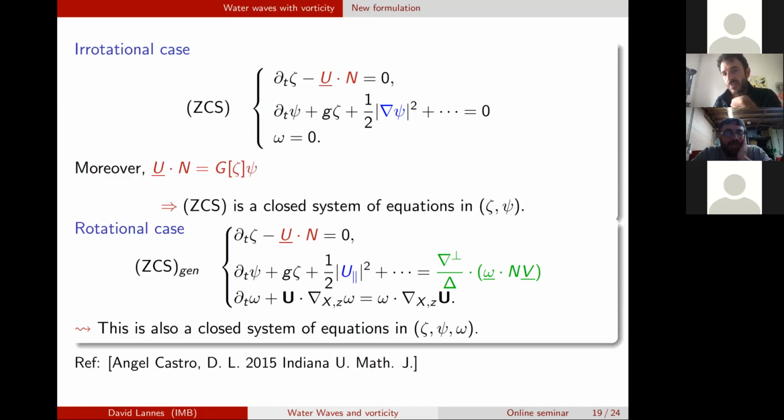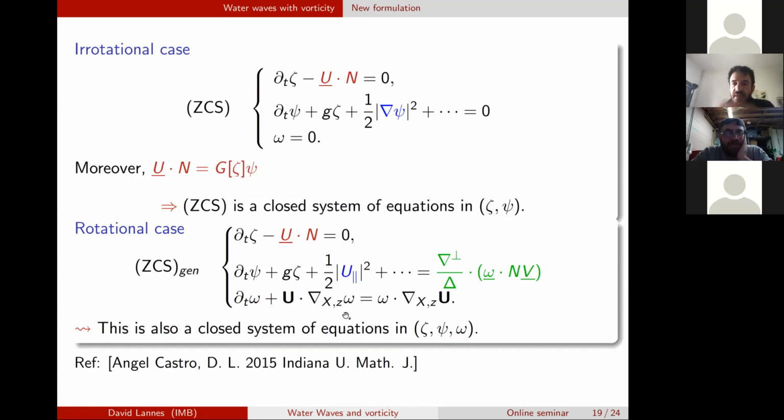So we had started from a d+1 dimensional problem, where d is the horizontal dimension, and reduced it to a d-dimensional domain. In this case, we still have zeta and psi defined on the horizontal plane R^d, but omega is an evolution equation defined on the full d+1 dimensional fluid domain. Okay, so we lose this dimension reduction.